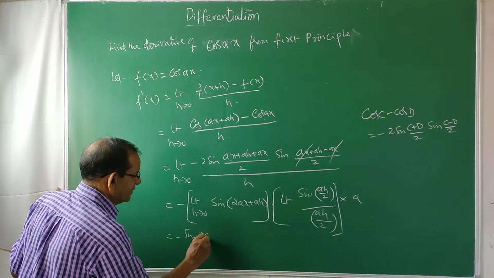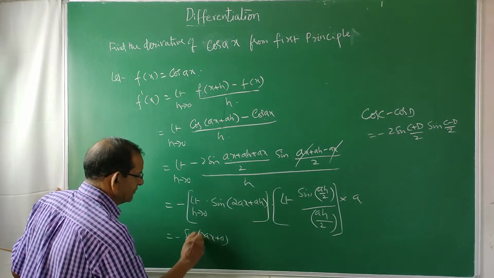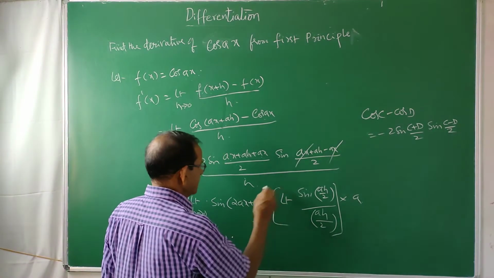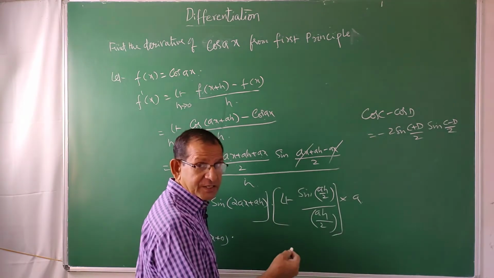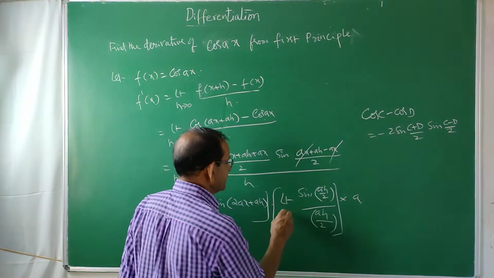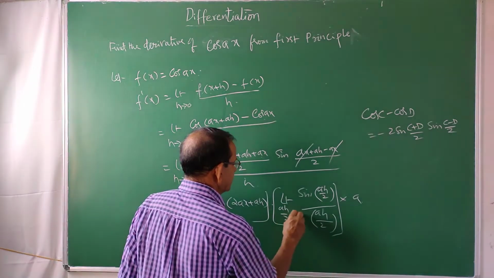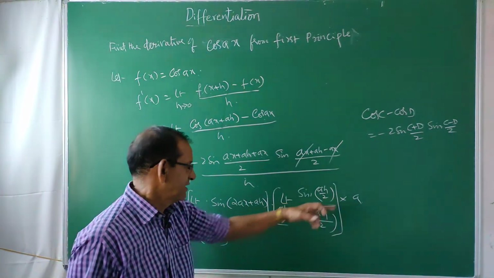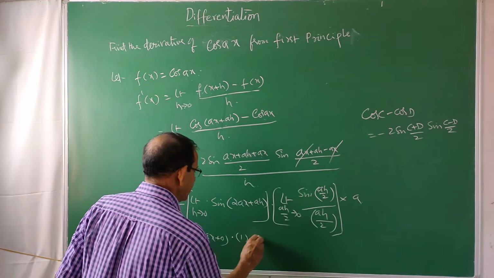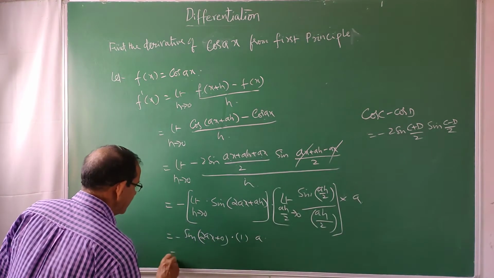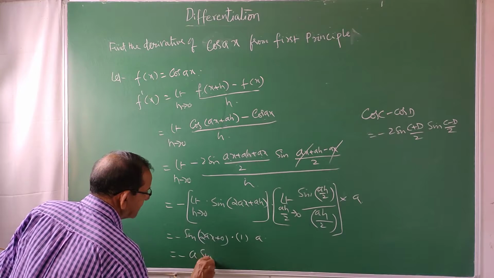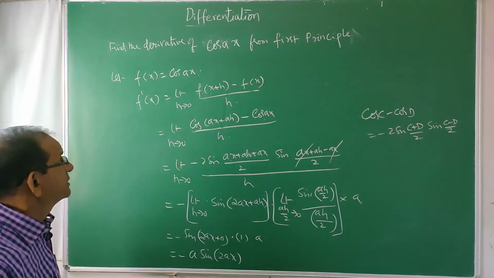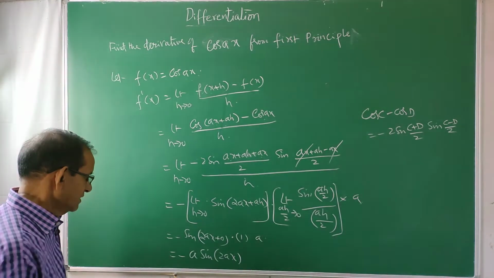Sin (2ax plus 0) into, this is in the form of, when h tends to 0, a into h also tends to 0, then ah by 2 also tends to 0. Sin theta by theta as theta tends to 0 is 1, into a. So this is minus a sin 2ax. So that is the derivative of cos ax.